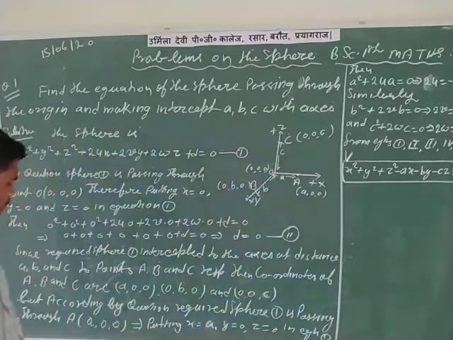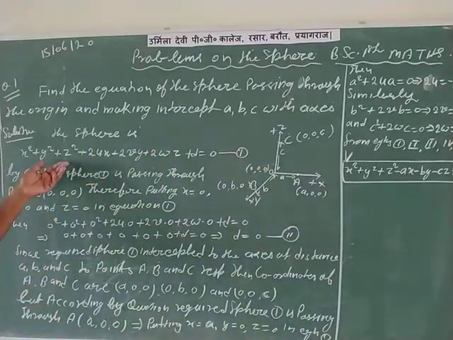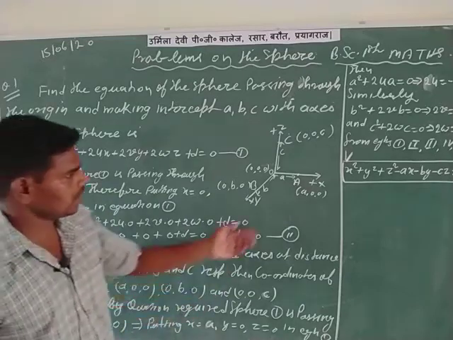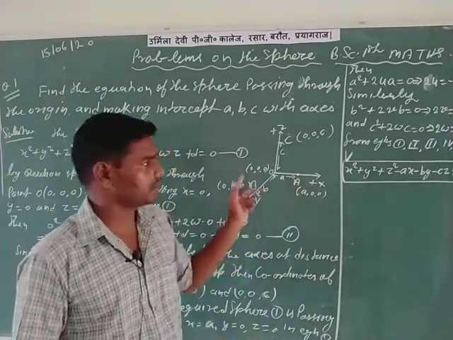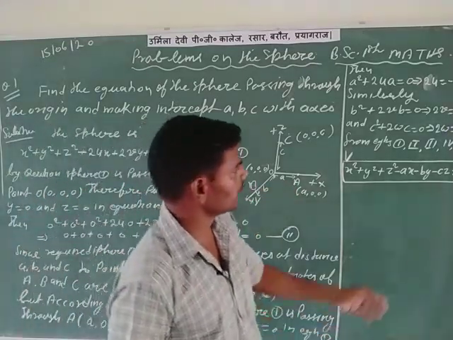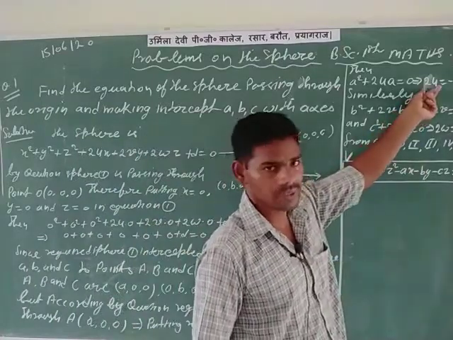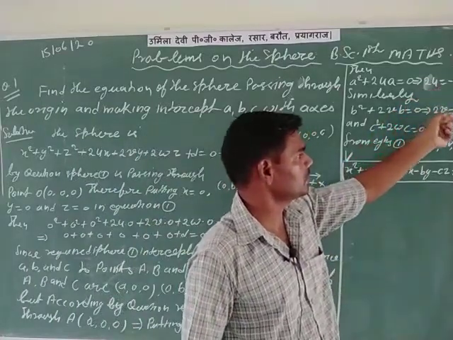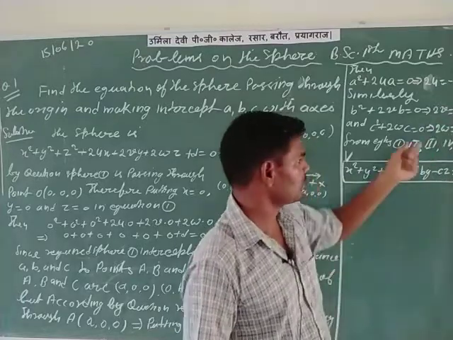So equation first is satisfied by these coordinates capital A, capital B, capital C, and after simplification you can find the value of 2u, which is equal to minus a, 2v, which is equal to minus b, and 2w, which is equal to minus c.